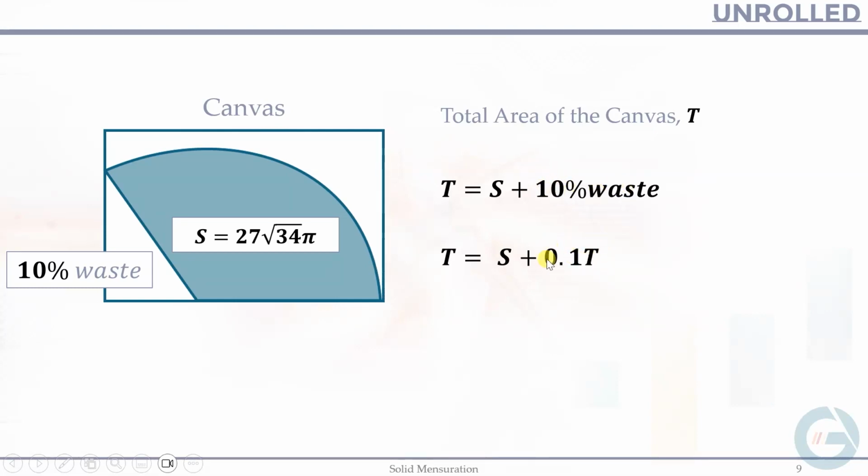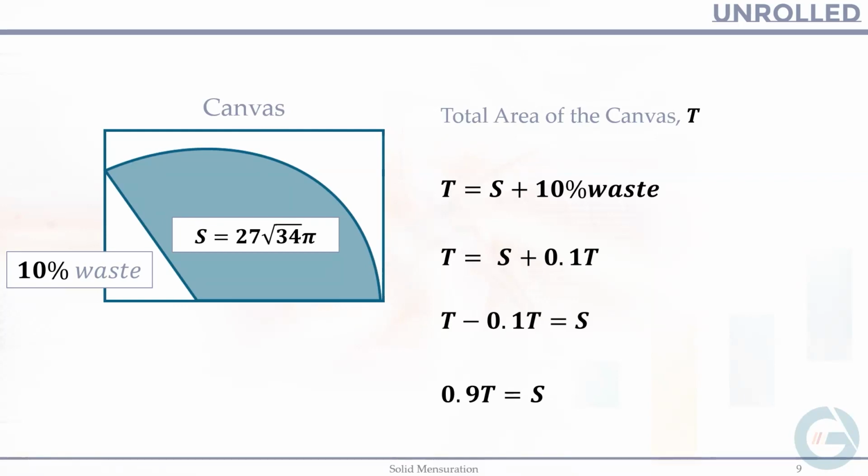That's why we have 0.1 T, so 10% of the total. So we will transfer this 0.1 T to the left side. Positive will become negative. So T minus 0.1 T equals S. So this is 1 T minus 0.1 T, that is 0.9 T equals S.